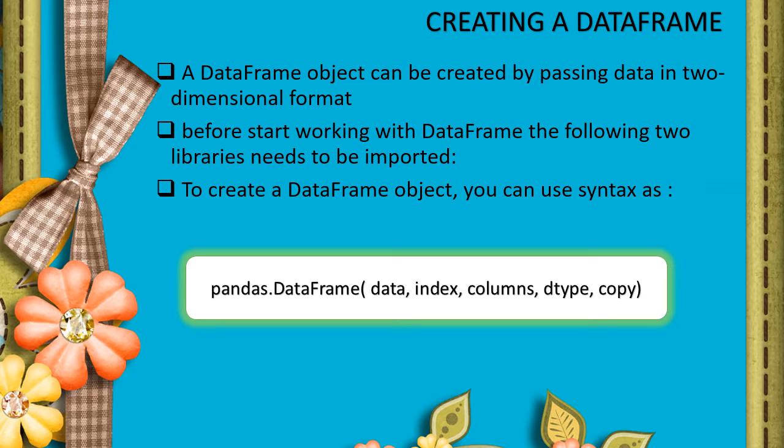Data means we are passing the values in the form of a list, dictionary, or numpy array. Index is the row label, and columns is the column labels you can give. With dtype you can specify the type of data, and copy is a boolean property. Default is False, and if you give True, the data frame being created is copied into another one.